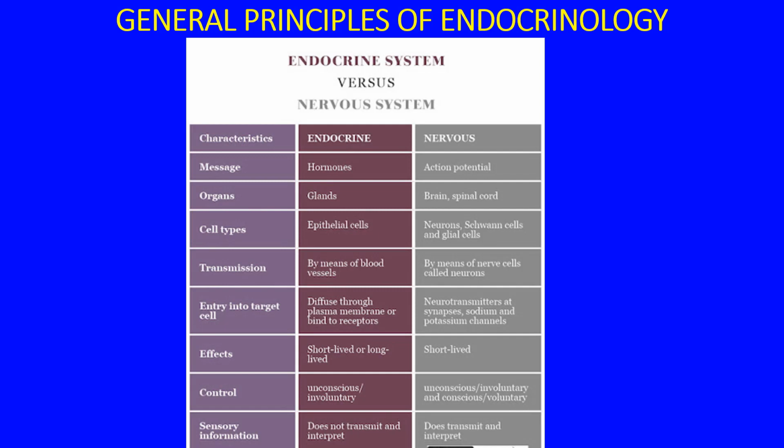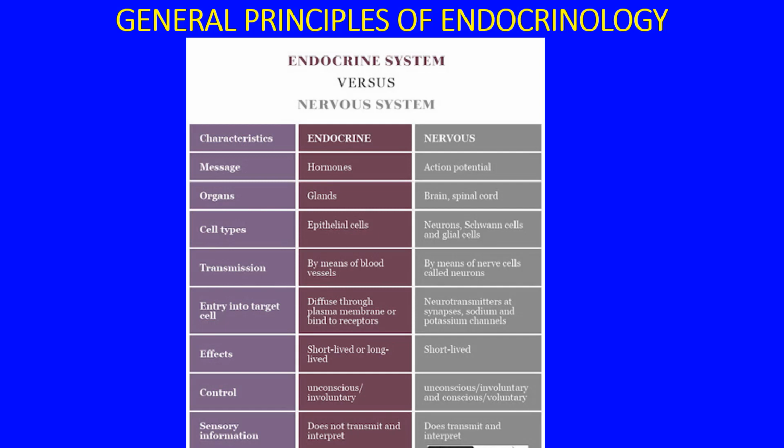But the endocrine system isn't always short-lived. Nervous system, we're talking about in some cases seconds, minutes. Endocrine system could be up to an hour before it really gets going, and it can be long-lived. In other words, secretion will extend itself beyond just a day, a month, a year.